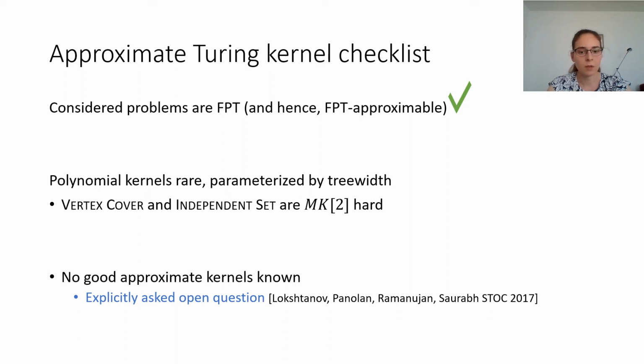Also, there are no good approximate kernels known for these problems, and actually we answer an explicitly asked open question by a paper in STOC 2017, which asked for approximate Turing kernels for the independent set problem parameterized by Treewidth. On the other hand, we also don't know of any lower bounds, so it's actually possible that an approximate kernel might exist.